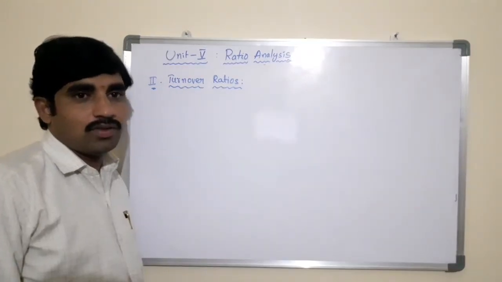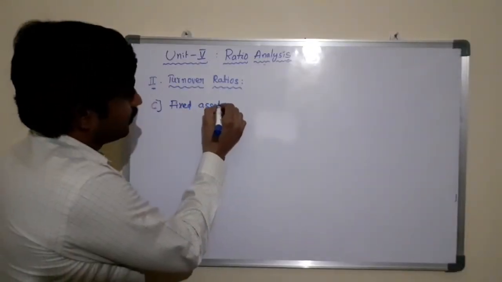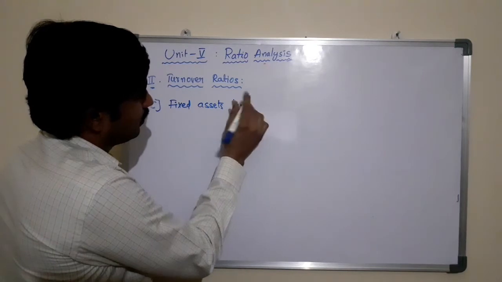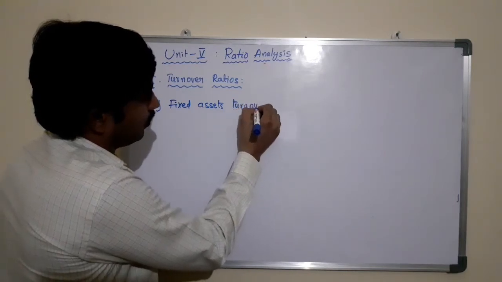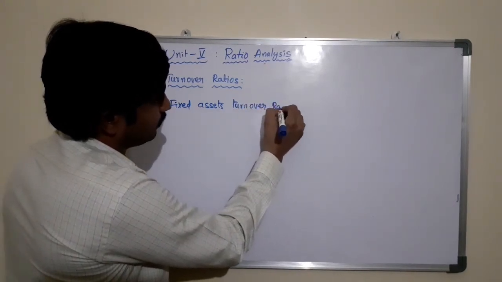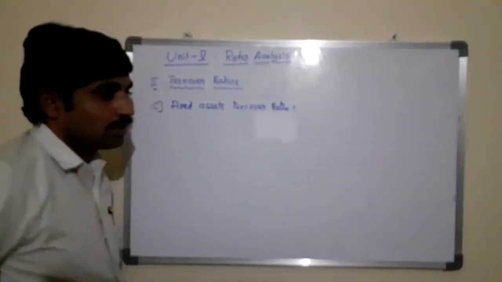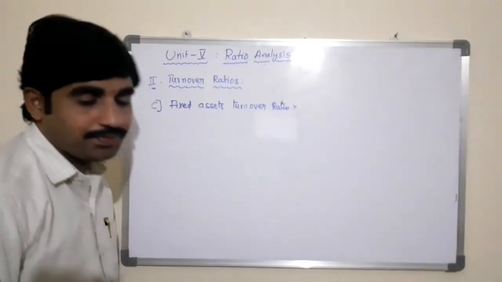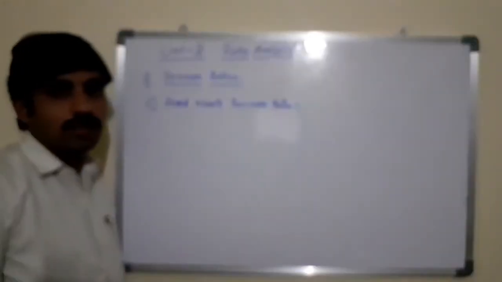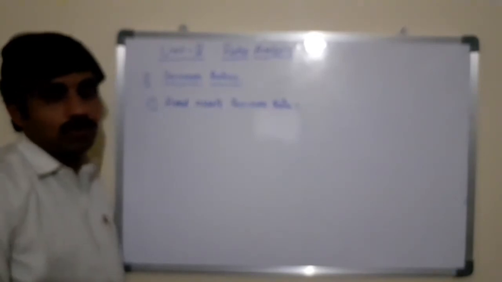The third type of turnover ratio is the fixed assets turnover ratio. The fixed assets are used in the business for producing goods to be sold.